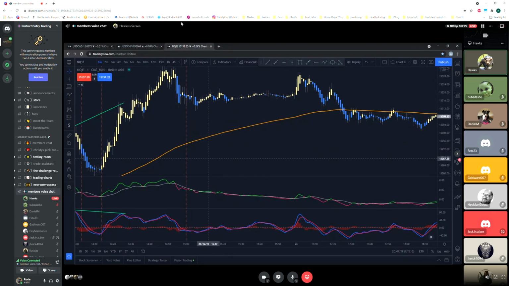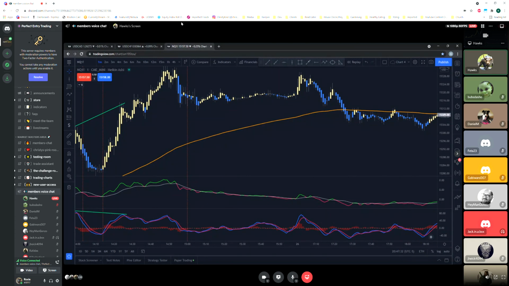One indication that I do have is on my TSI: when the bands are just going horizontally, near the zero line, that tells me there's not much movement, so I look at that as an indication that I'm not going to trade.